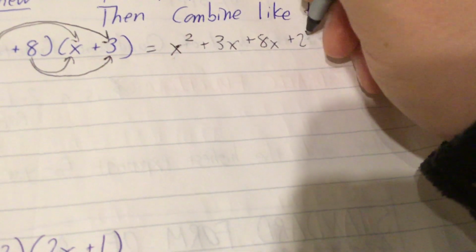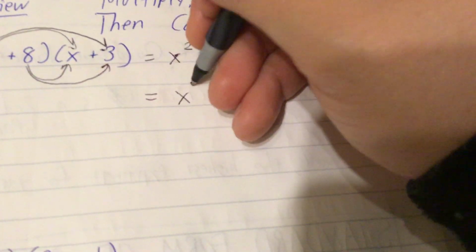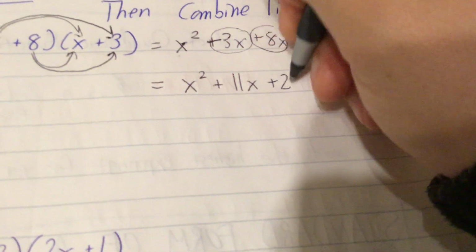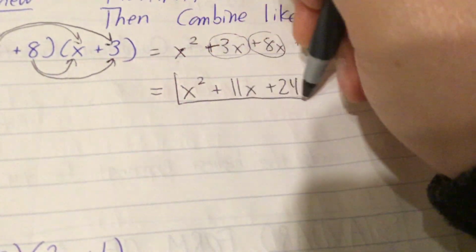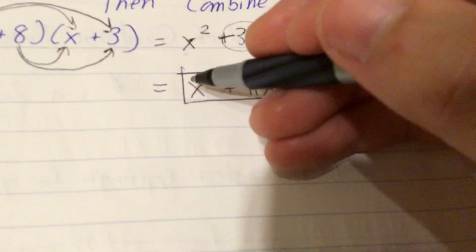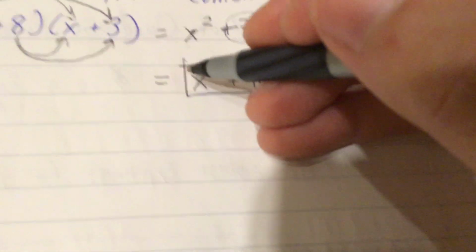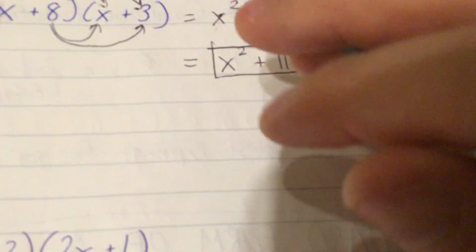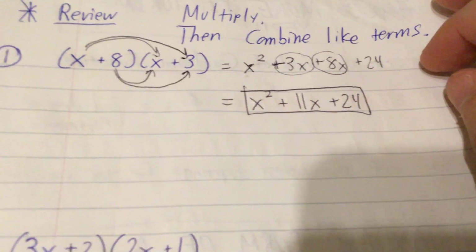And then 8 times 3 is positive 24. Then I could combine the like terms in the middle. That'd be x squared plus 11x plus 24, which is what we're used to. And hey, it's in standard form. We get x squared plus 11x plus 24, and there was no number in front of x squared, so the coefficient is 1. So technically, it is in standard form.